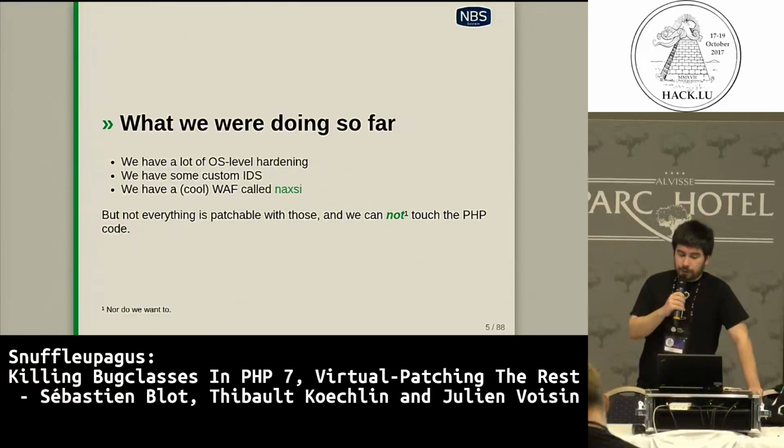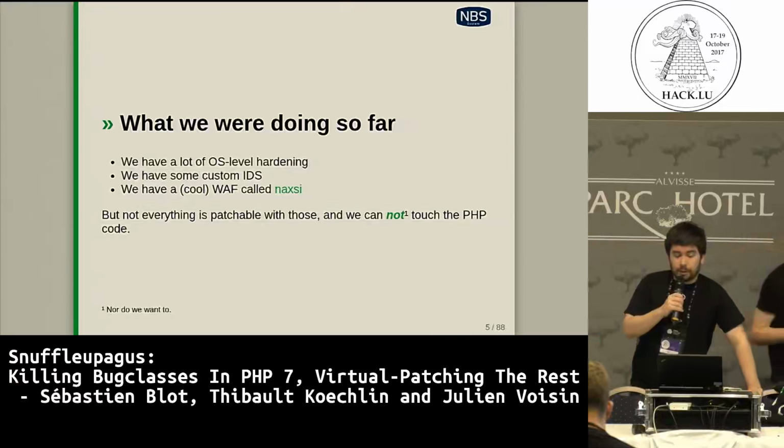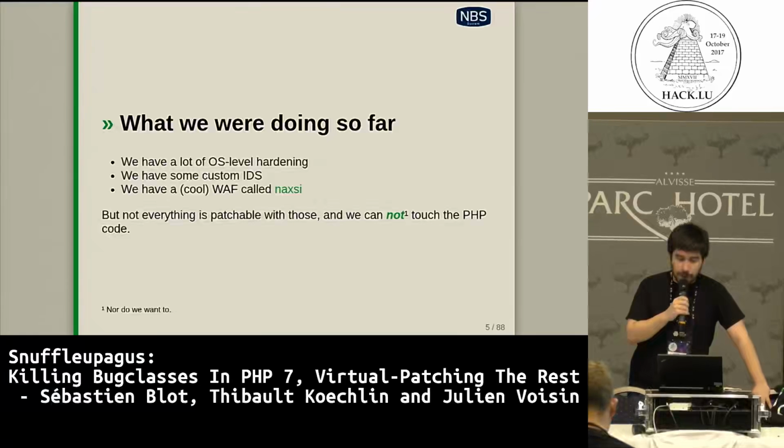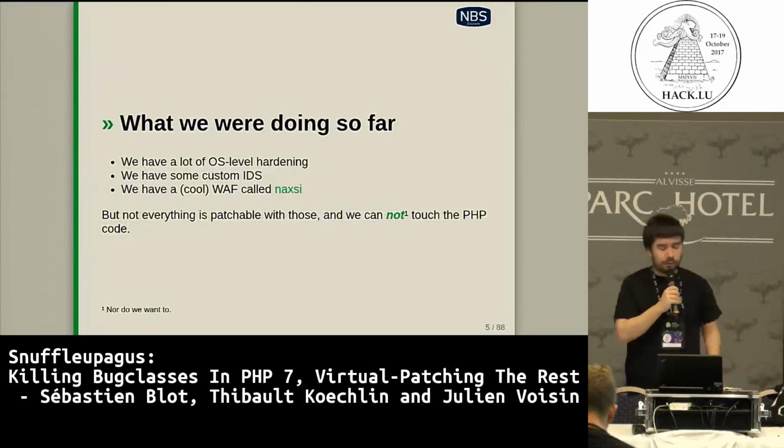Everything is great, but unfortunately it's not enough to patch or protect every website from all vulnerabilities. And also we cannot touch the customer PHP code, and we also don't really want to do it.